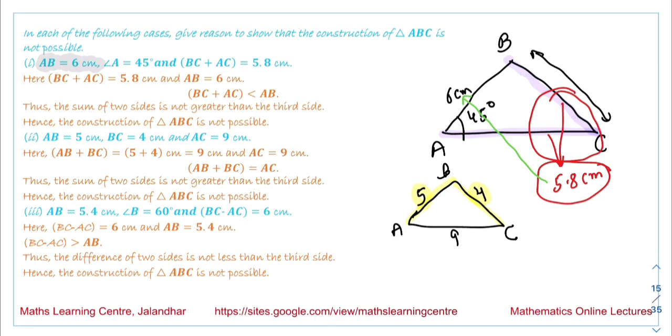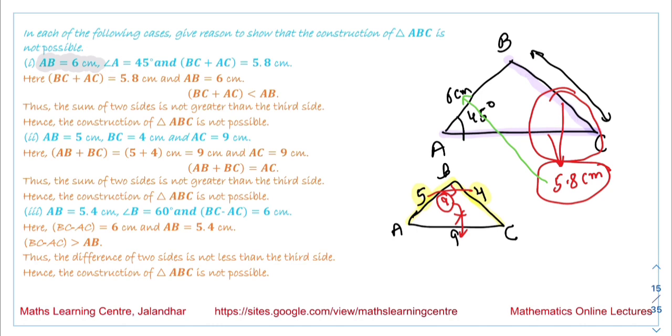The sum of these two sides is 9 units, and this side AC is also 9 units, and these two cannot be equal. So this triangle we cannot construct. It is not possible to construct a triangle with sides AB is 5, BC is 4, and AC as 9 centimeters.